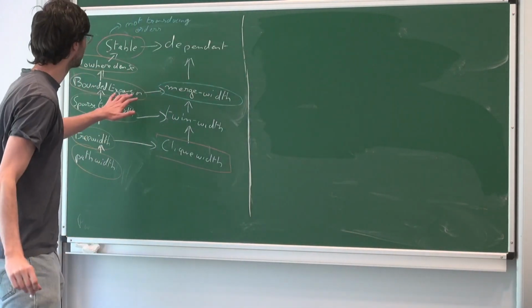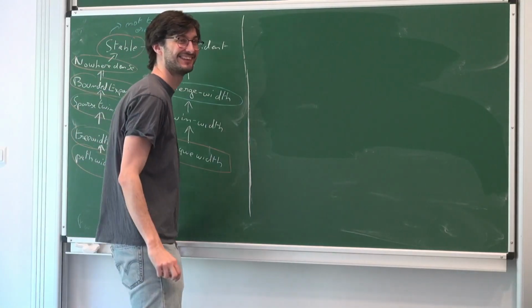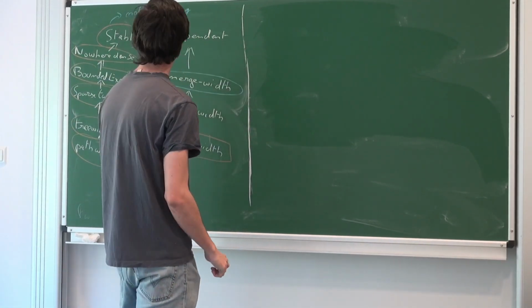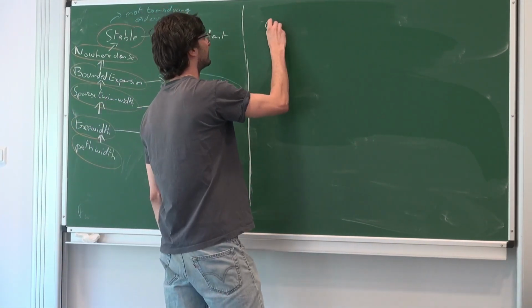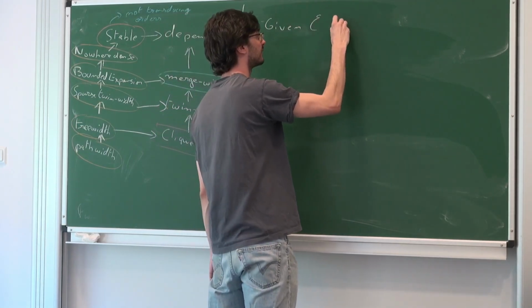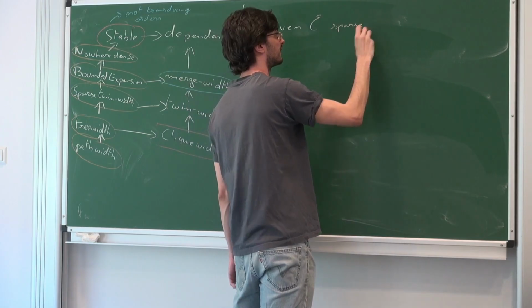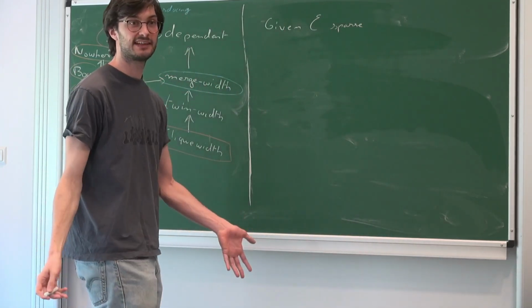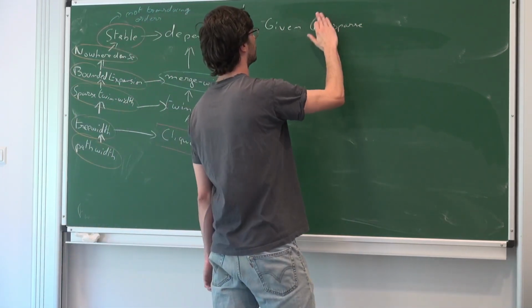Don't worry, I will define what is bounded expansion at some moment. So given a class C that is sparse, what are the possible dense classes? Let's say a property P that is sparse.